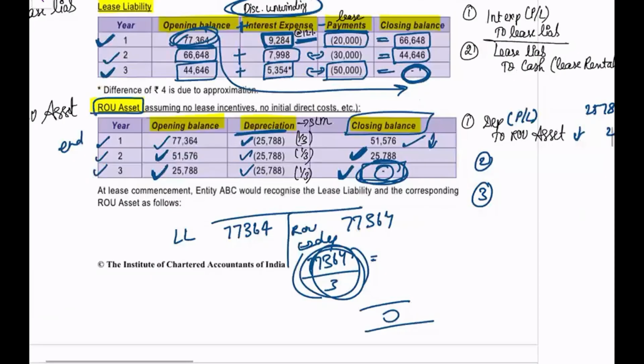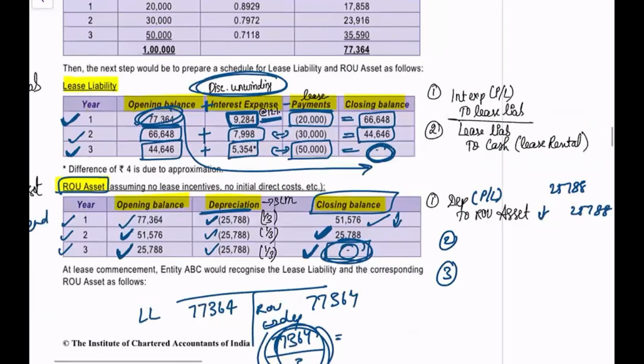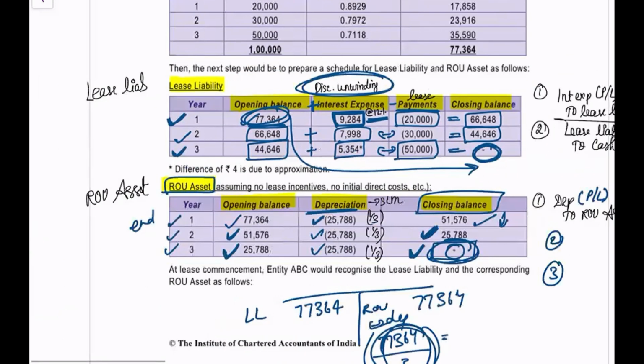Okay, so for this, every year what entry are you going to pass? First you'll pass the unwinding of interest entry, which is interest expense account or P&L account debit, to lease liability credit, because lease liability will go up by that interest value.